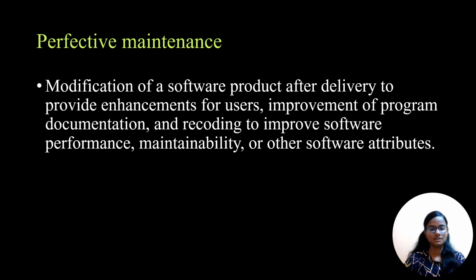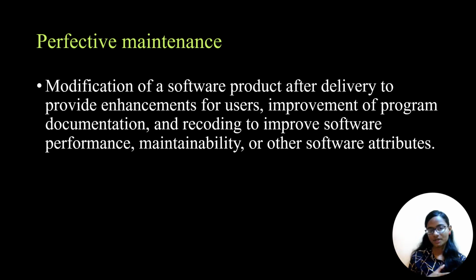Now let's see perfective maintenance. As with any product on the market, once the software is released to the public, new issues and ideas come to the surface. Users may see the need for new features or requirements that they would like to see in the software to make it the best tool available to meet their needs.